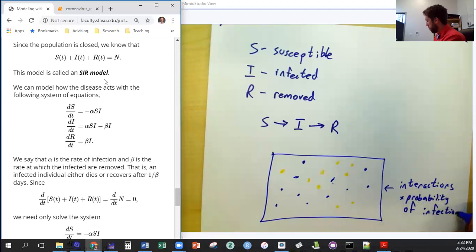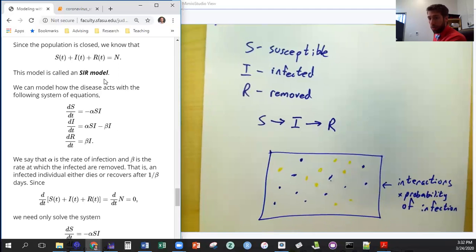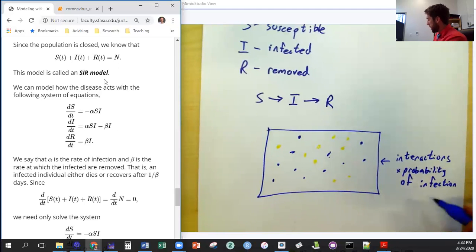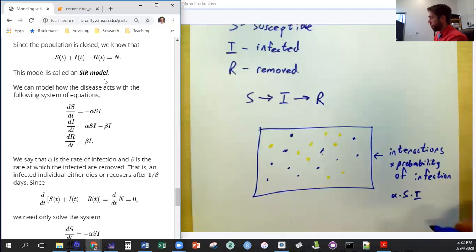We're not getting that complicated here. We're just keeping it simple. So we're just expecting that to be alpha times S times I, and we're subtracting that from the susceptible and moving it into the infected.